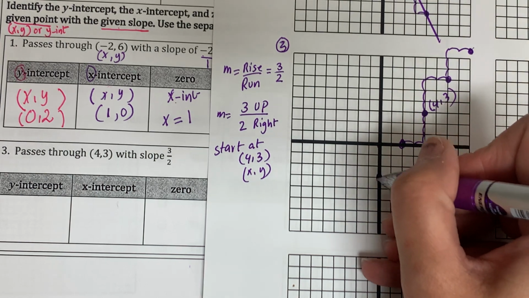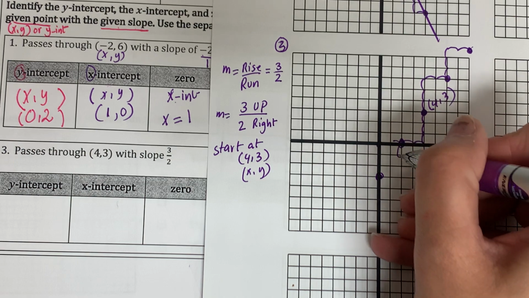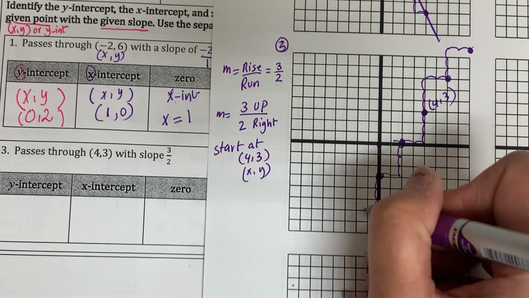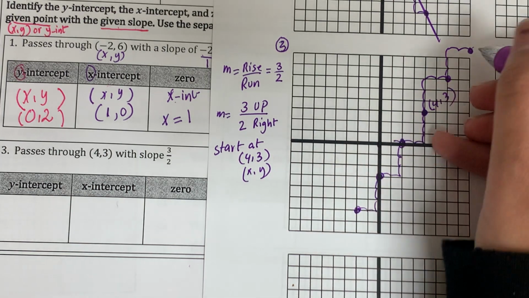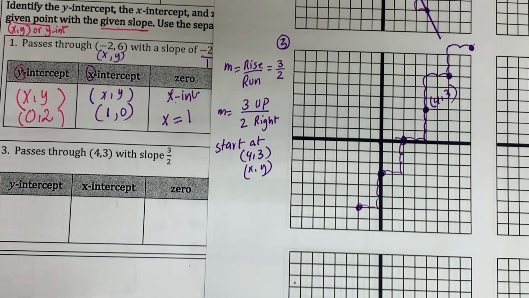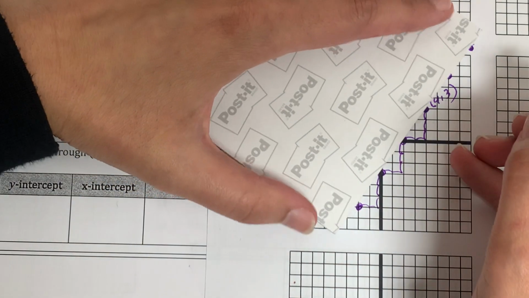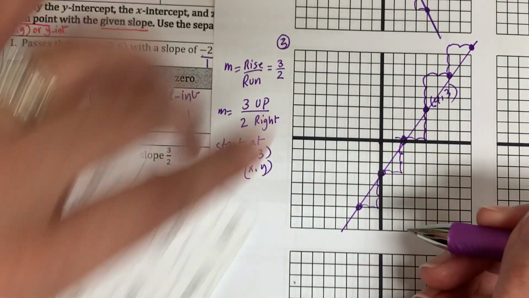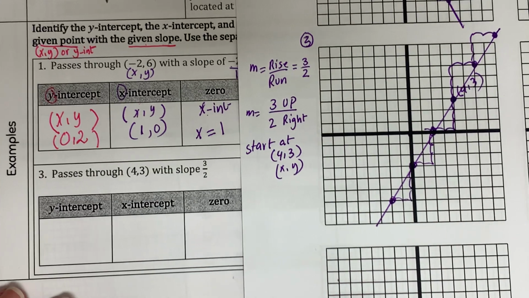So next one should be over here. 1, 2, 3. Yes, it is there. And then 1, 2, 3, 2 back. There you go. So yes, I have these points. They are in a pattern, which is correct. Draw the line. All right, I have the line.